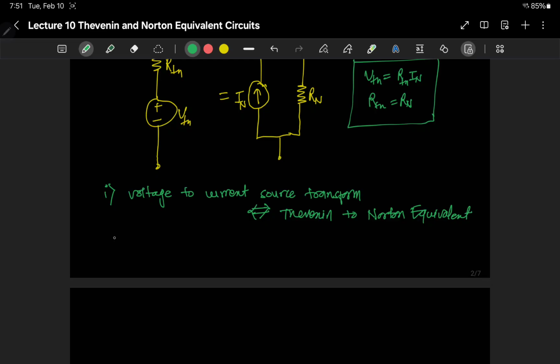And similarly, current to voltage transform is equivalent to Norton to Thevenin equivalent.